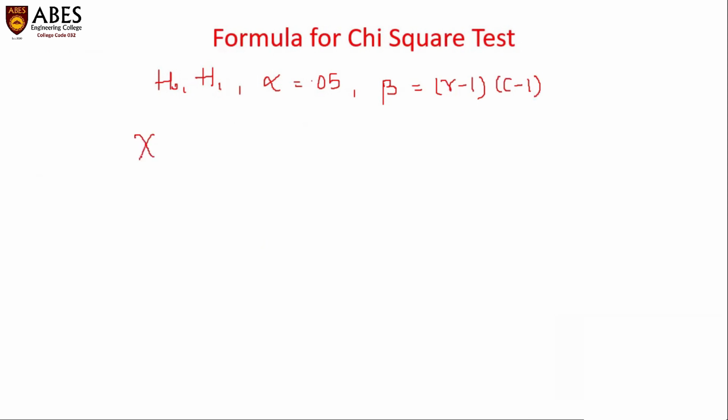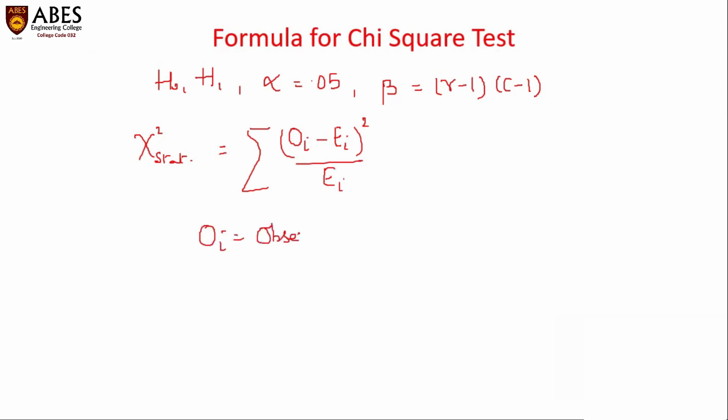Next, we find out chi-square statistics by using the same formula, which is summation of OI minus EI whole square upon EI, where OI is going to be observed frequency and EI is going to be expected frequency or theoretical frequency.